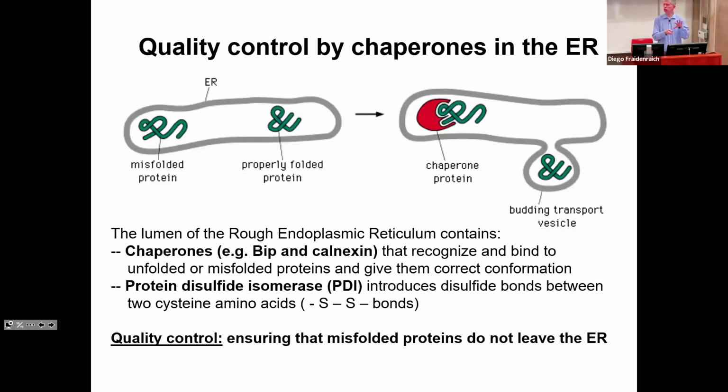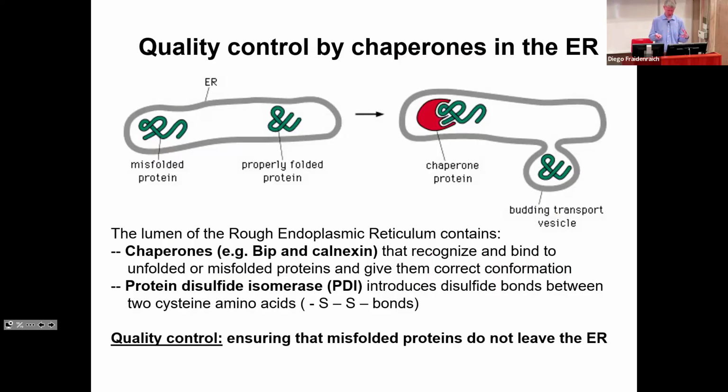So this overall was how proteins are getting into the ER, how they are folded. The folding process itself may require some additional help, chaperones, which bind to the proteins that are getting folded.